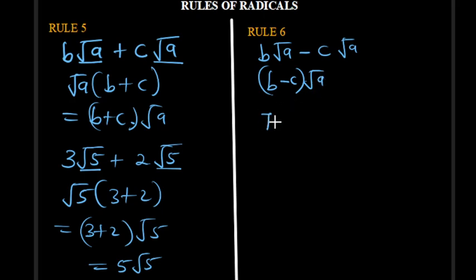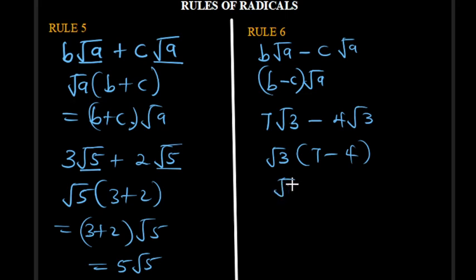Example, let's say we have 7 root 3 minus 4 root 3. The common factor here is root 3, so bring out root 3, then 7 minus 4, right? So this is root 3 multiplied by 3, so this is 3 root 3.